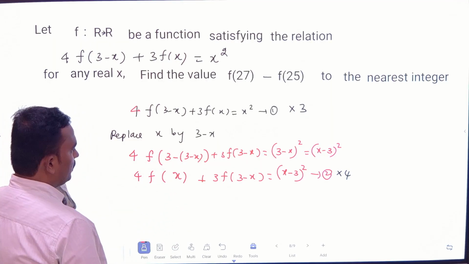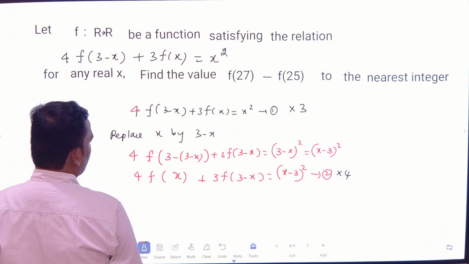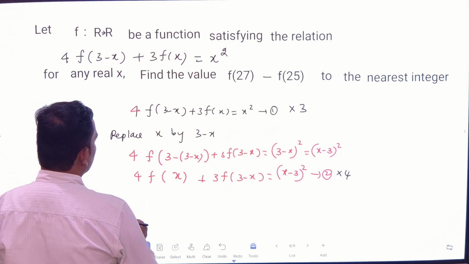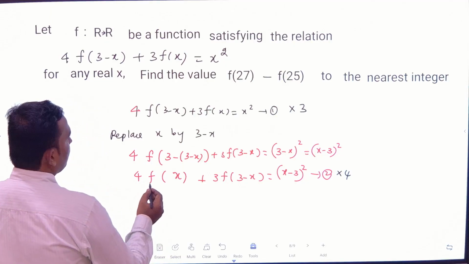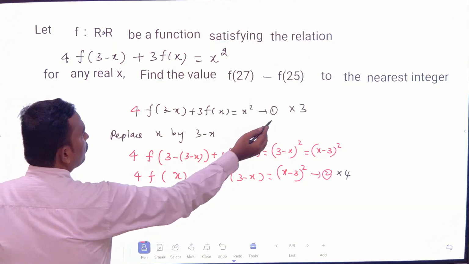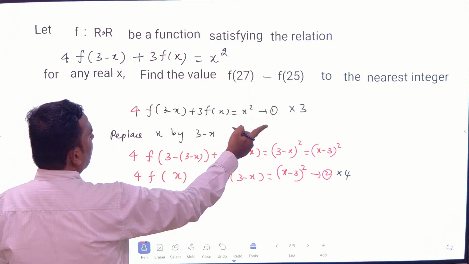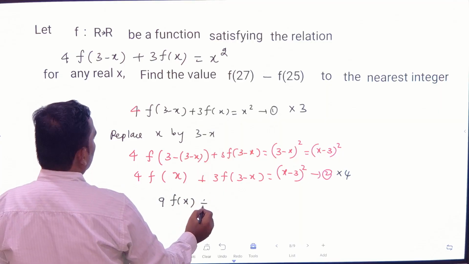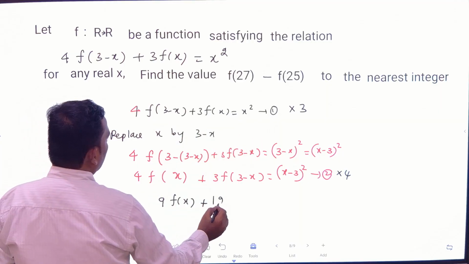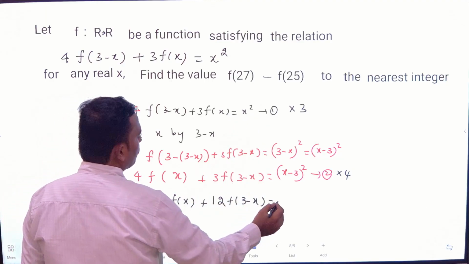For the first one, if I multiply by 3, 3 into 3 is 9 f of x, plus 3 into 4 is 12 f of 3 minus x, is equal to 3x square.